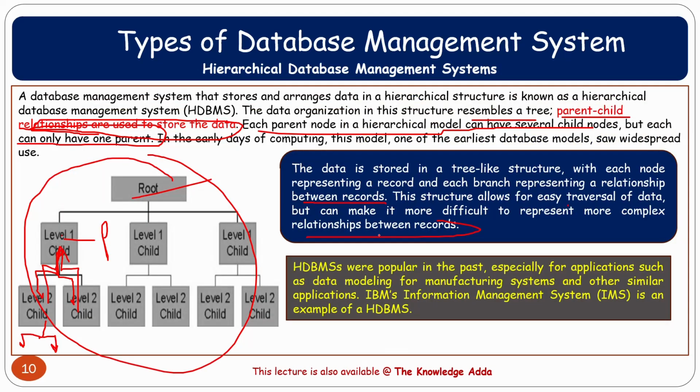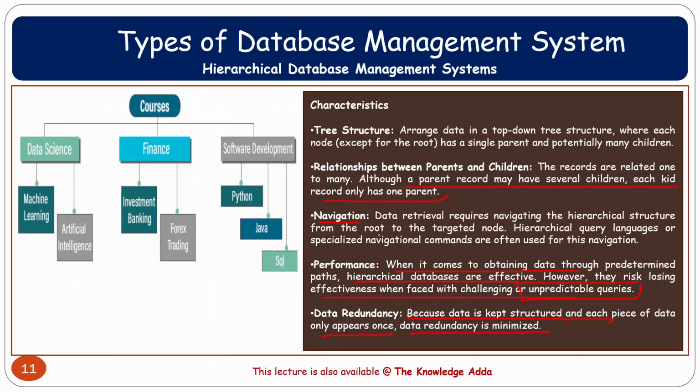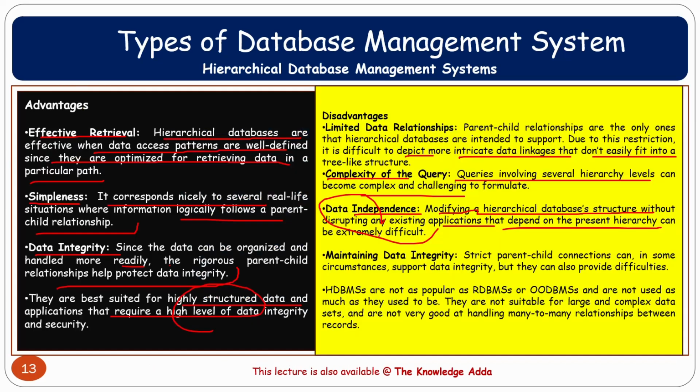In a hierarchical database management system, data is stored in a particular pattern, defined like a parent-child relationship. This type of system has a predefined path. If the pattern is well defined, data retrieval is very easy in a hierarchical database management system.